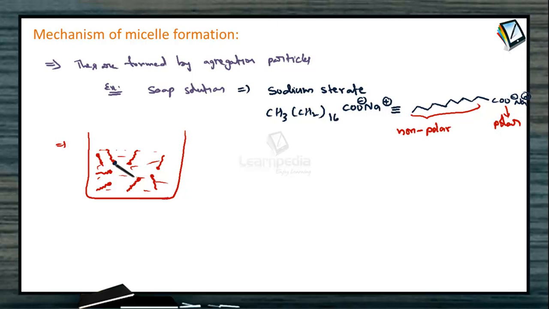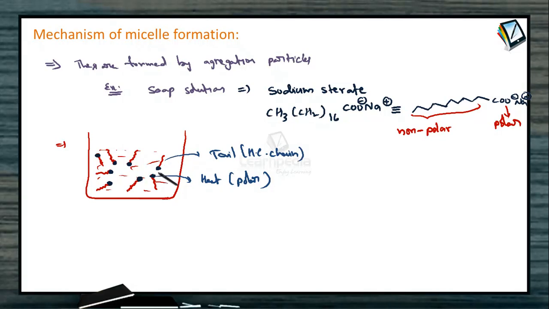This round will indicate the polar group, which is the head, and the corresponding tail is the non-polar group, containing the hydrocarbon chain. The hydrocarbon chain does not dissolve in water, but the polar group, which contains the acidic group, dissolves in water. That leads to formation of the aggregation of the particles as shown in this picture.